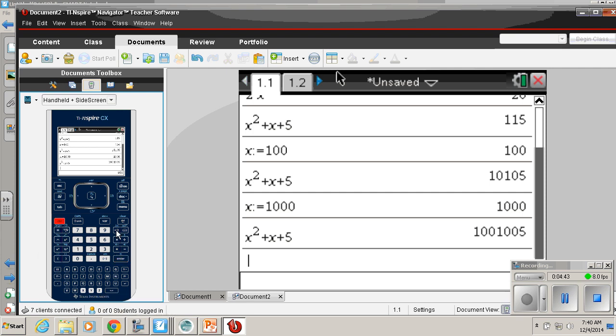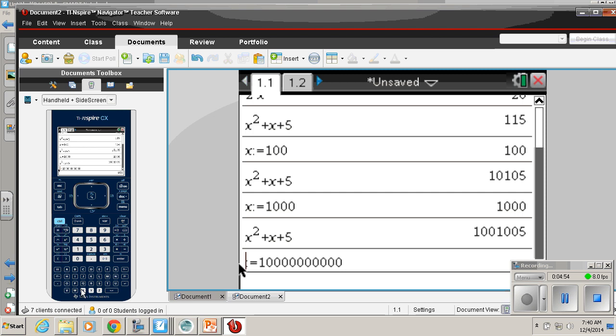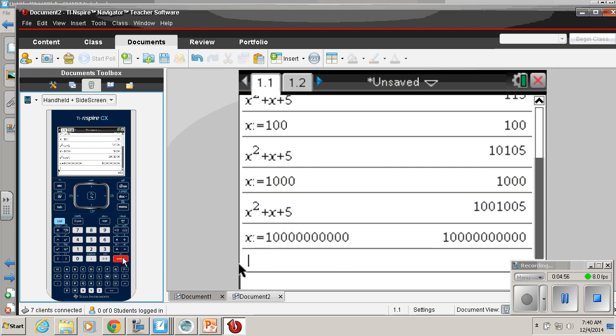So x is that, and my function would be this.